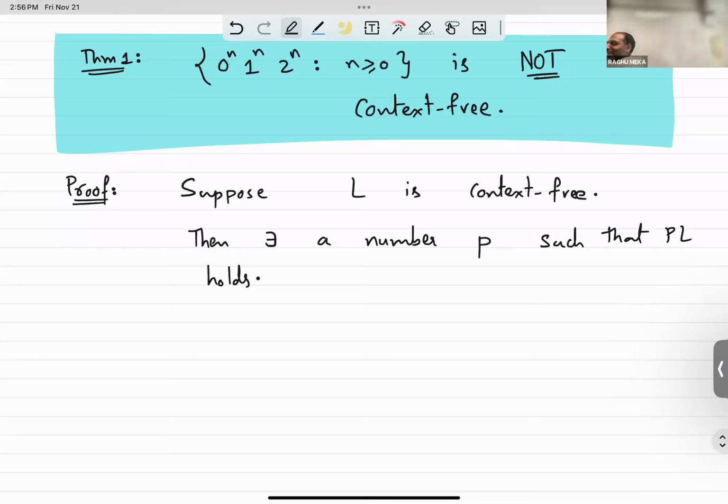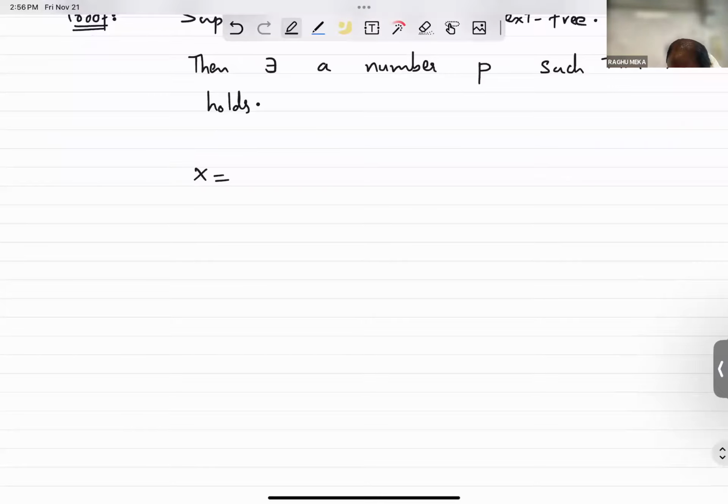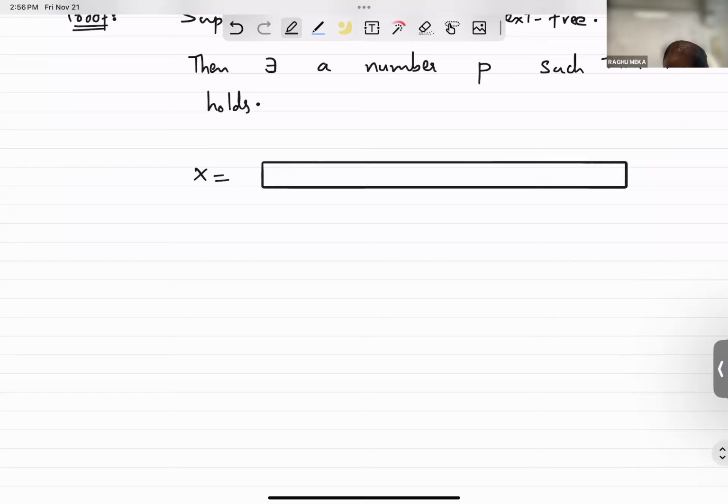In some sense, we don't have that many options. The strings in my language are just 0 to the n, 1 to the n, 2 to the n, so you only get to choose n, and after that the structure is completely fixed. The only thing we get to decide is how many zeros there are.